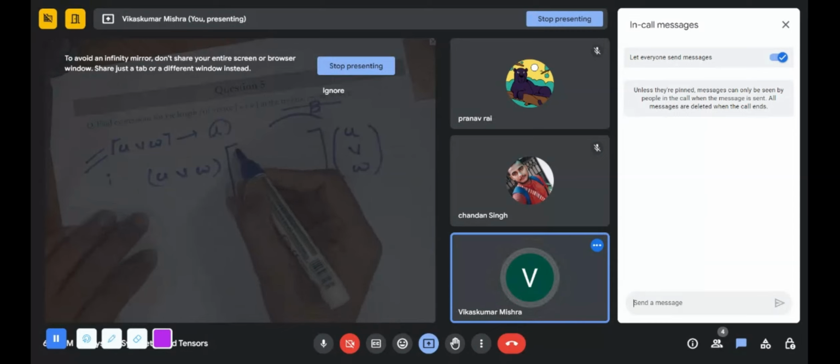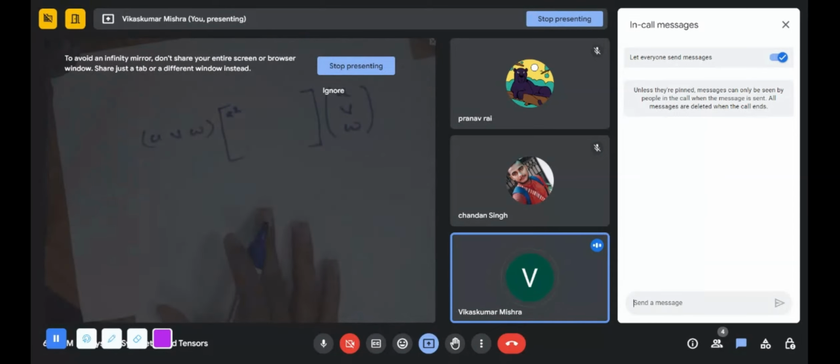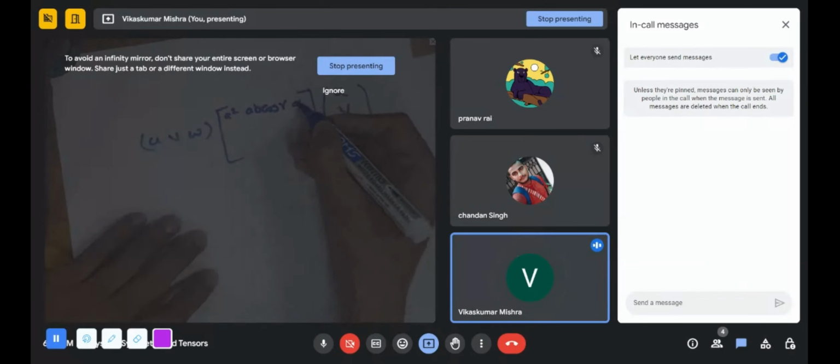It will be A square. I'm writing the same thing which I wrote on the last page. AB cos of gamma, AC cos of beta.